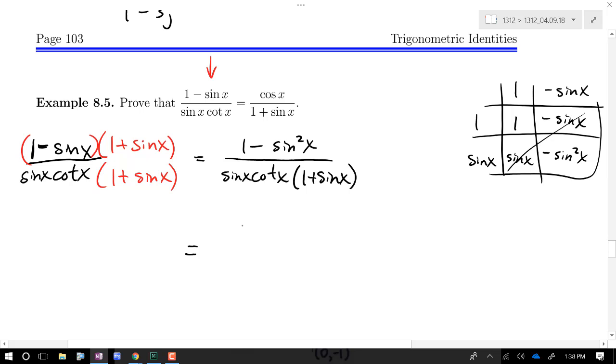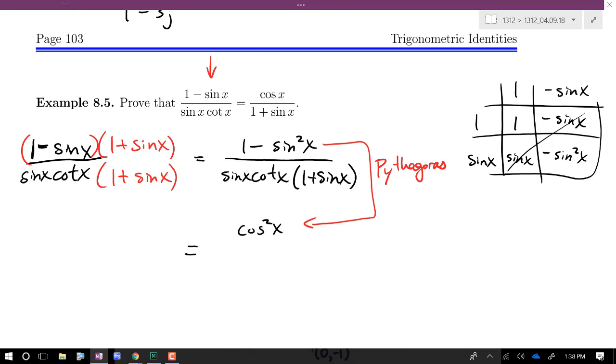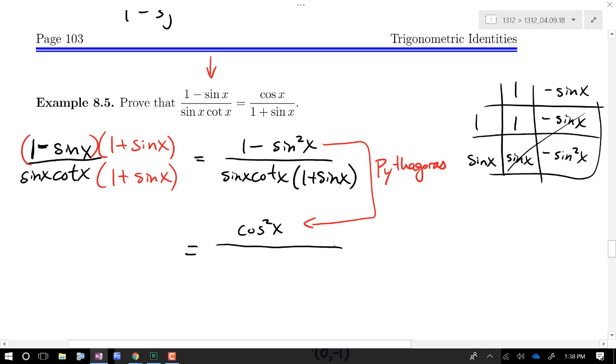Cosine squared x. And how do we know that? And what is cotan x equal to?